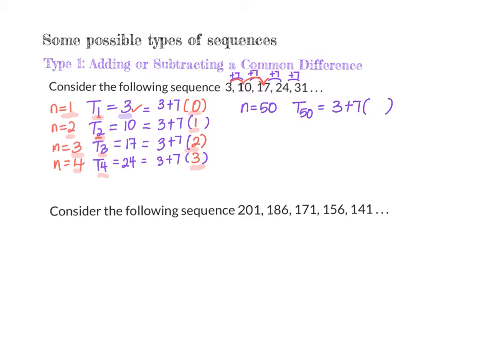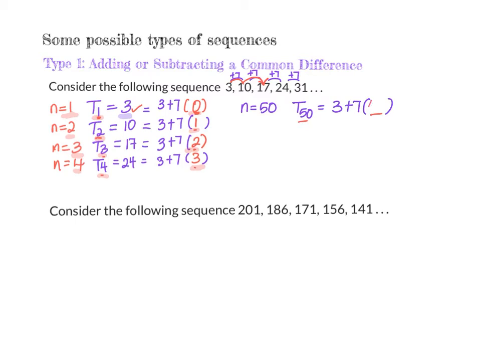Well, I got 0. I added 0 when it's one term. I added 1 when it's the second term. I added 2 when it's the third term. I added 3 when it's the fourth term. So now what should I add in order to get the 50th term?